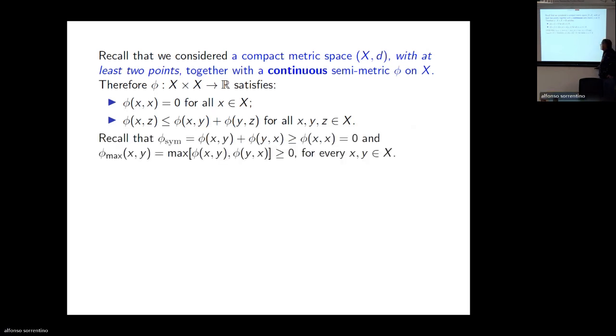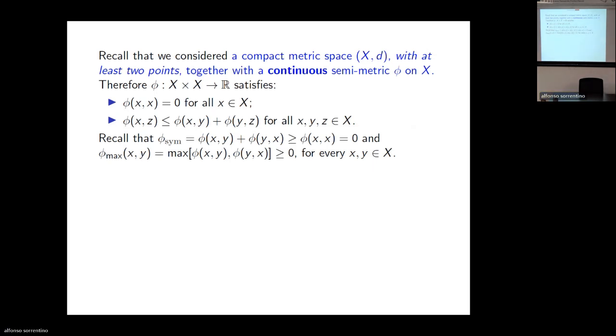Now, because of the second thing, we have phi xy plus phi yx is larger than phi xx, which is 0. So this phi symmetrized is non-negative everywhere.